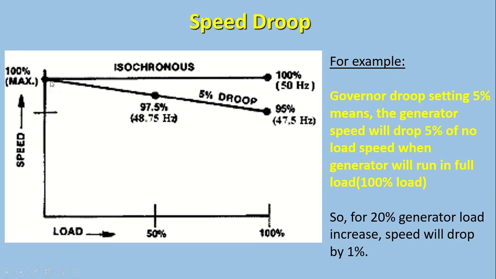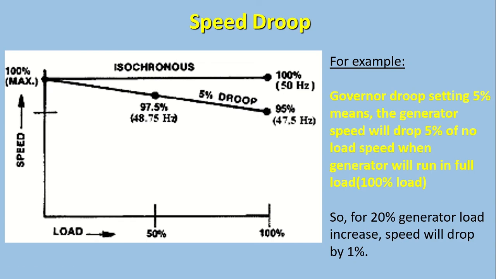Here the vertical direction shows speed, and the horizontal direction shows load. You can see that when the load is 0, the speed is 100%. In that condition, if the governor is isochronous, the engine load increases to 100% and the speed remains the same, with no change in speed.